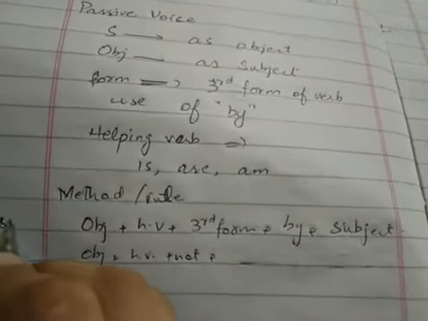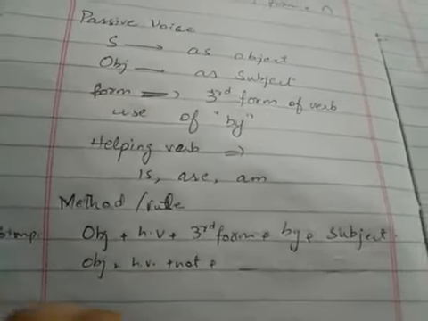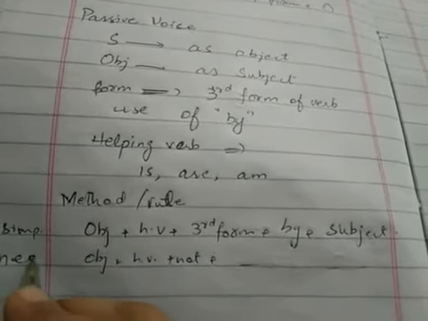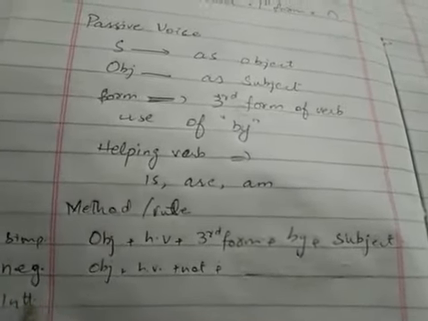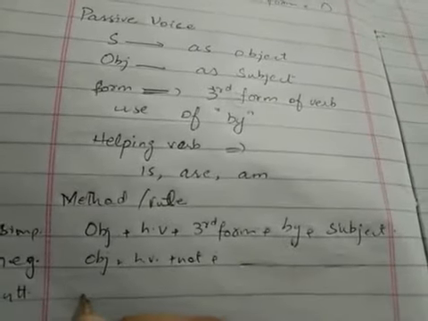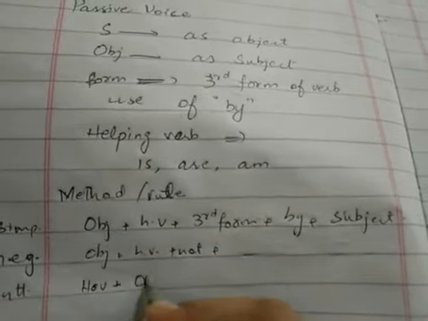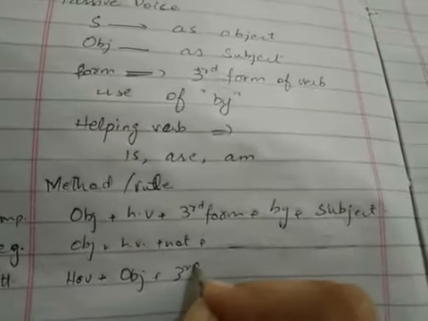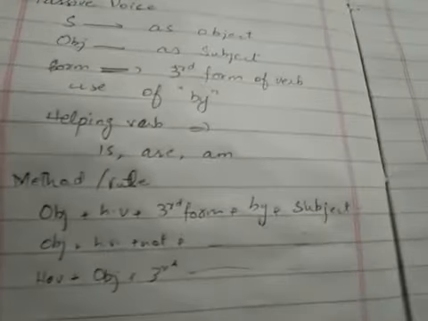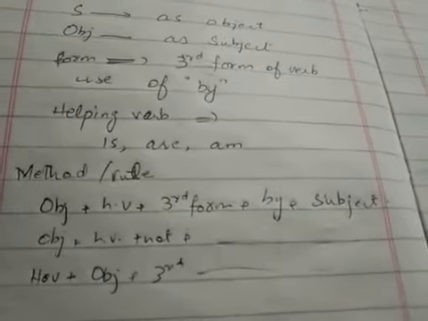This is the simple affirmative sentence, this is the negative sentence, and this is the interrogative sentence. In an interrogative sentence, we write the helping verb at the start, then object, then third form of verb, and at the last the subject.